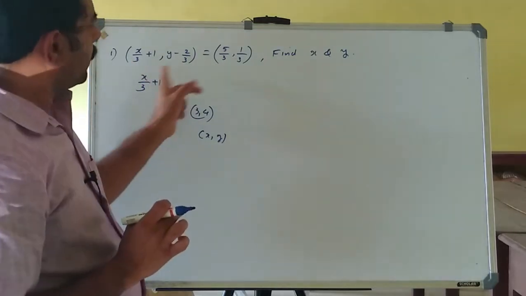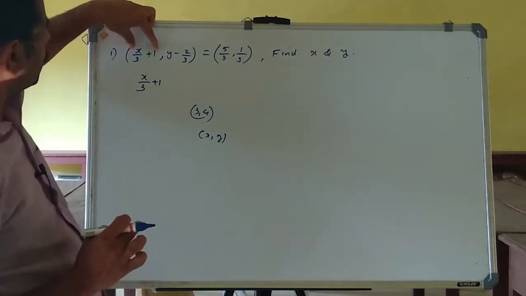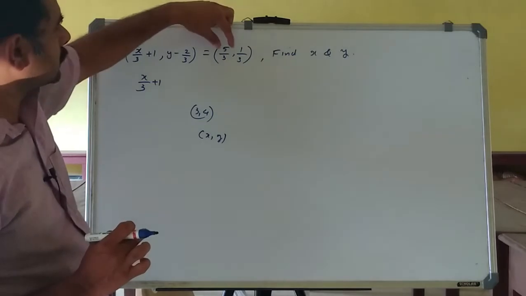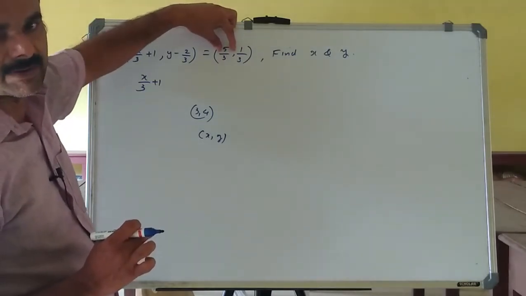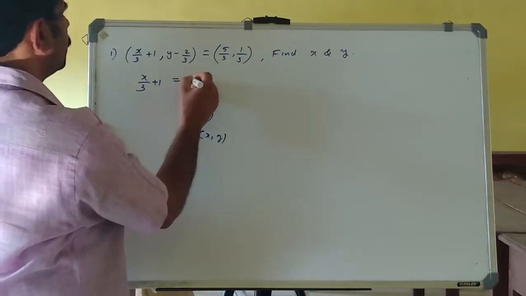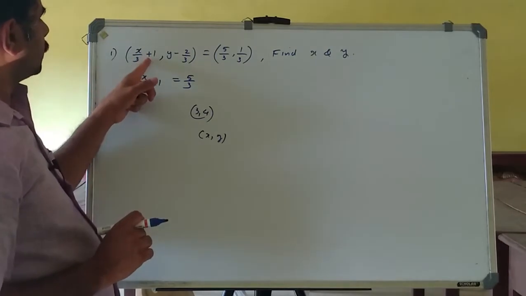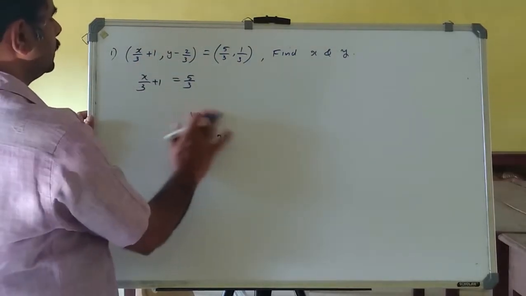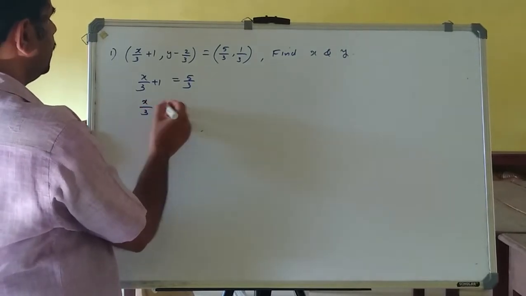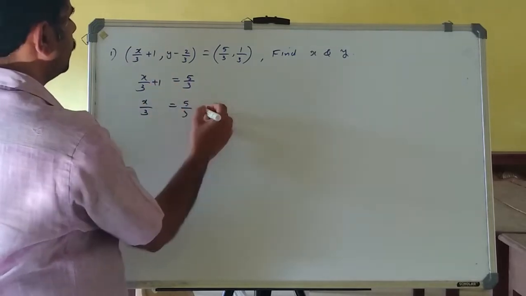When these two pairs are same, which means what? The first number x/3 + 1 will be equal to the first number of the second pair, 5/3. So x/3 + 1 equals 5/3. Then x/3 equals 5/3 minus 1.